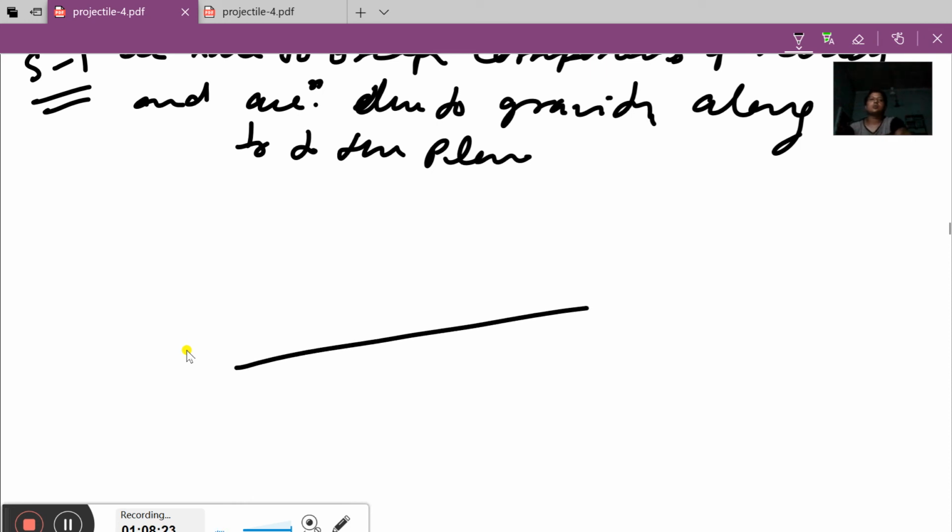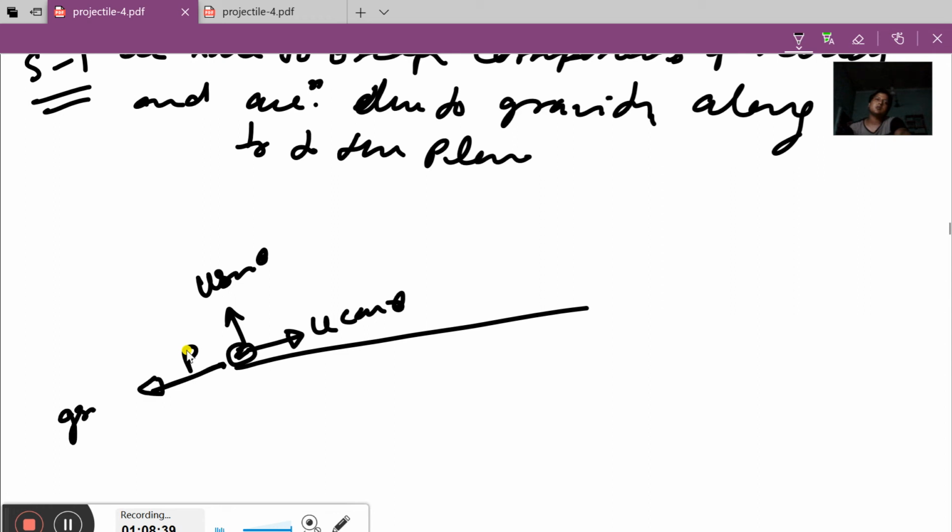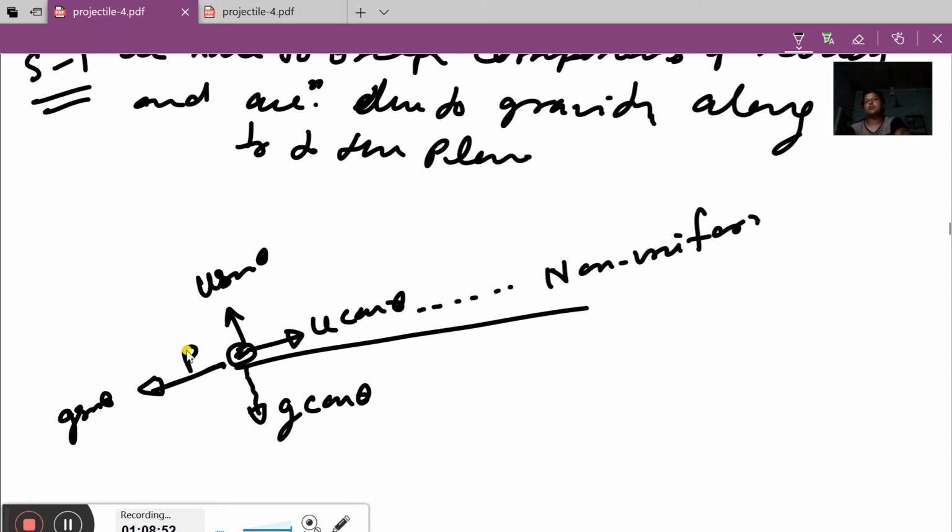So the projectile has a speed u cos theta along the plane and u sin theta perpendicular to it. We all know the components of acceleration g are g sin theta in this direction and g cos theta in the other. So there is a retardation in both directions. This direction is a non-uniform motion, and this direction is also a case of non-uniform motion.